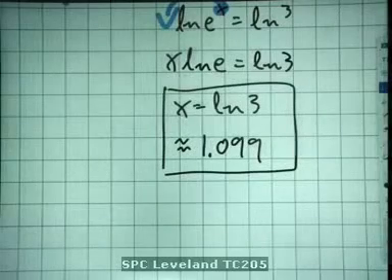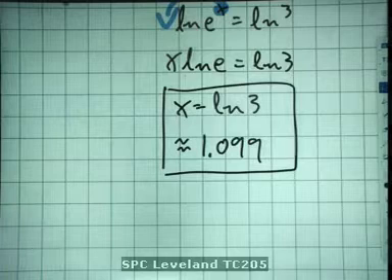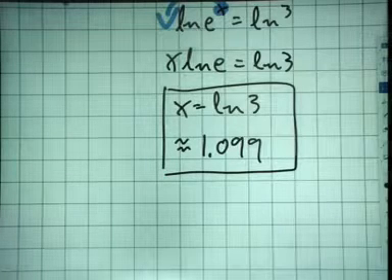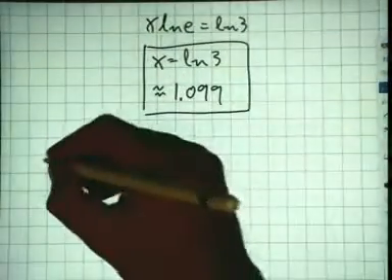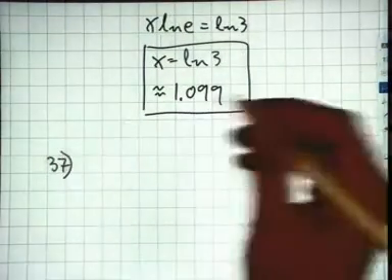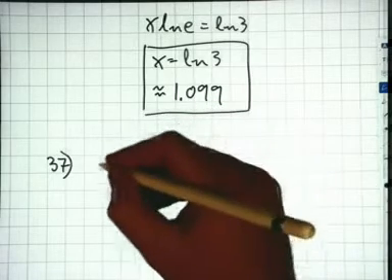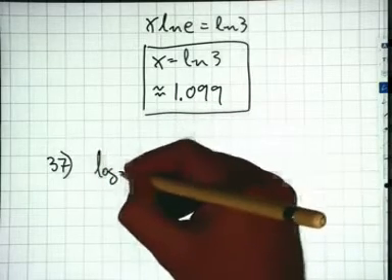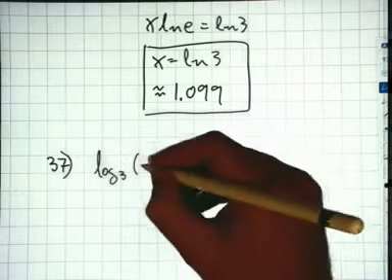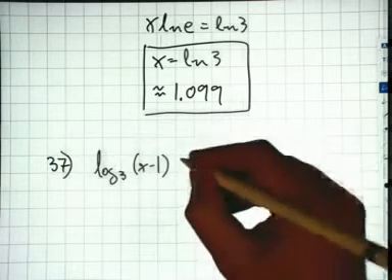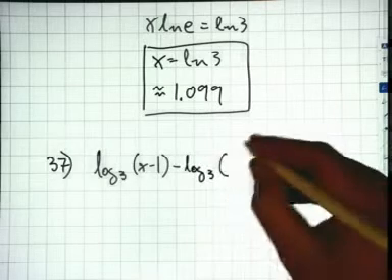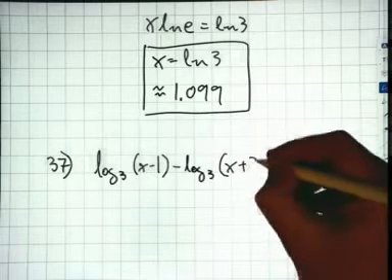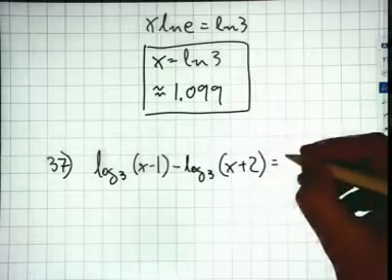37. Log base 3 of x minus 1 minus the log base 3 of x plus 2 is equal to 2.